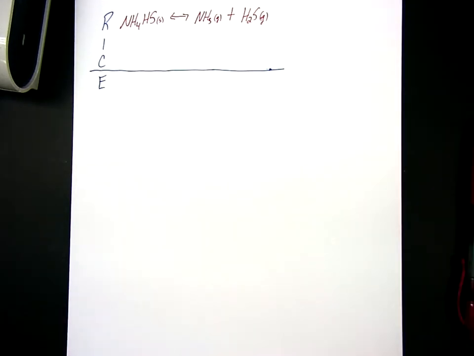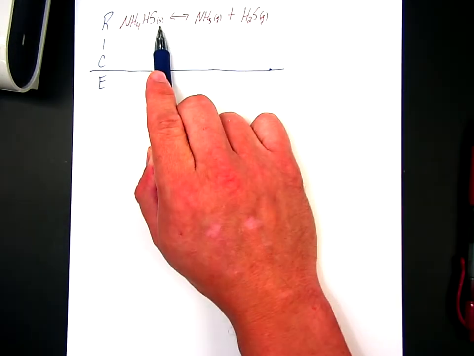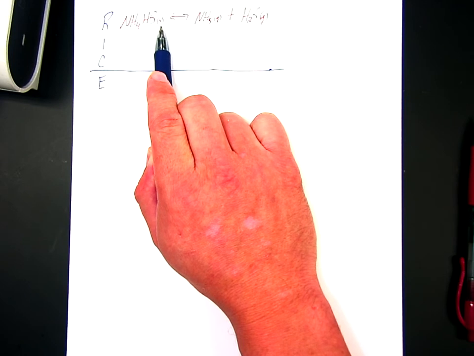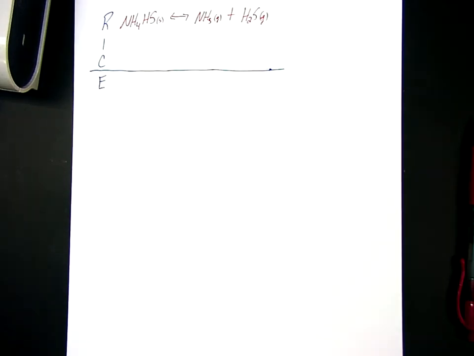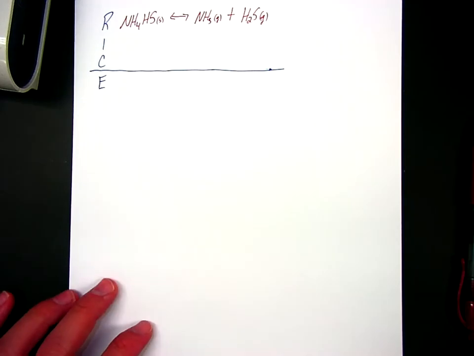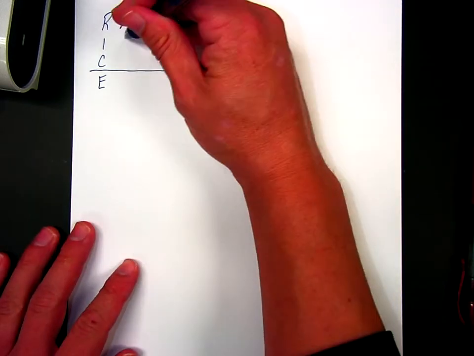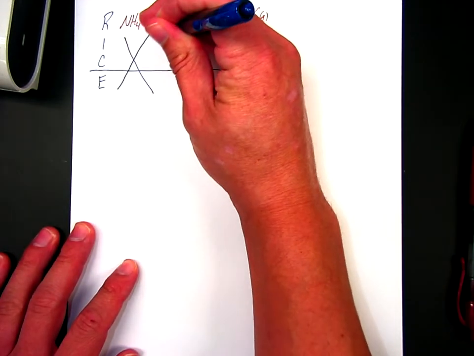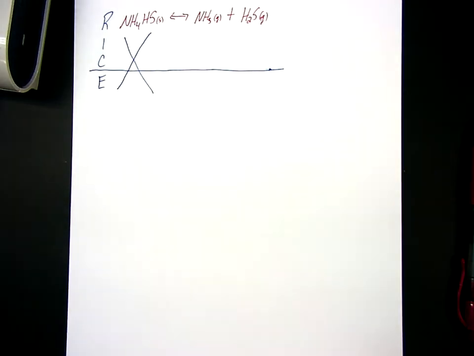Anyway, one of the big things here that we've talked about a whole lot, and it actually has showed up in Schoology already, but I don't think I've shown you an actual problem, is the fact that we have a solid here, all right? What I've mentioned to you previously in lectures is that if something cannot go into an ICE table for equilibrium, like solids and liquids, then we can just X out the information below him, because for equilibrium, he's going to just be ignored.